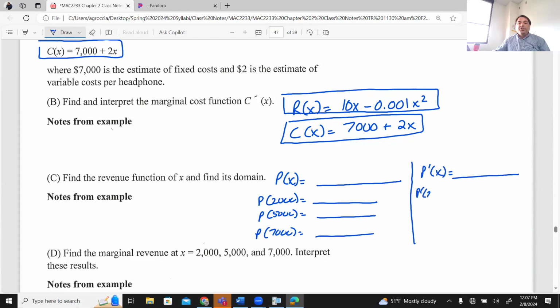Plug in to the derivative 2,000, 5,000, and 7,000. So it is the same problem, except we're talking about profit, and be careful with your algebra when you find profit. But we'll have more of a discussion instead of me writing everything down, because the steps are all the same. We're just doing it again. But I'll give you a couple minutes, find profit, because if profit's wrong, everything's wrong. So be careful.